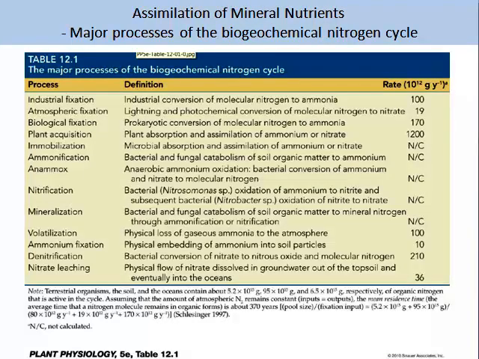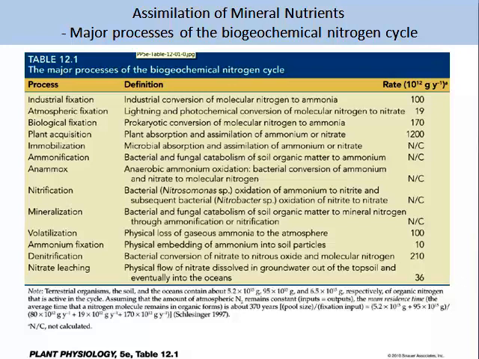The table on your slide, major processes of the biochemical nitrogen cycle, reviews the processes that are available to convert nitrogen to ammonia. This table allows comparisons of the different methods. The rates column in this table illustrates that most nitrogen is fixed by plants, followed by denitrification, where bacteria conduct conversion of nitrate to nitrous oxide and molecular nitrogen.